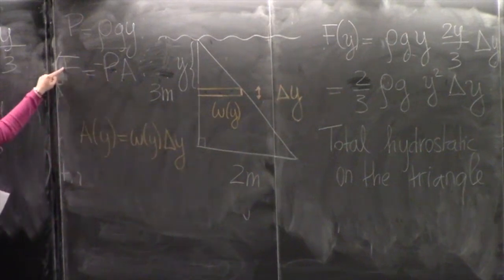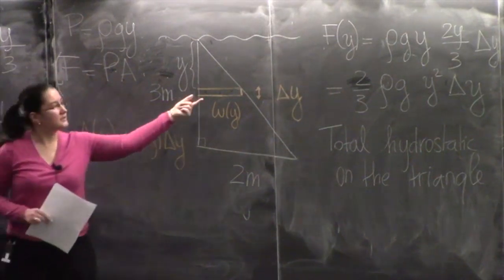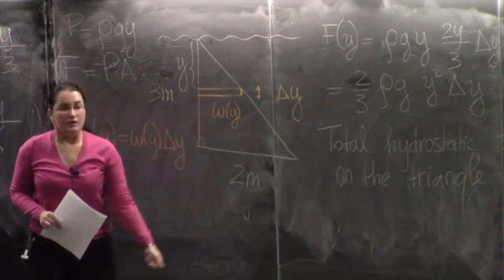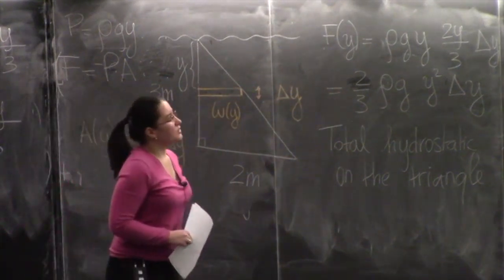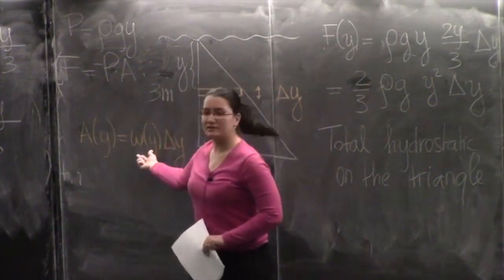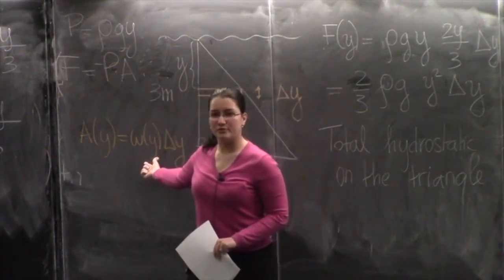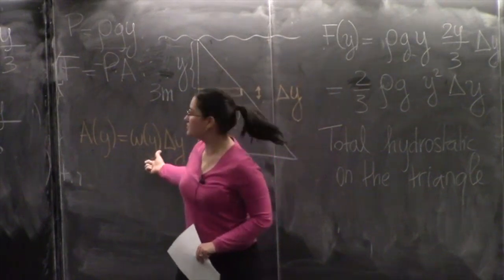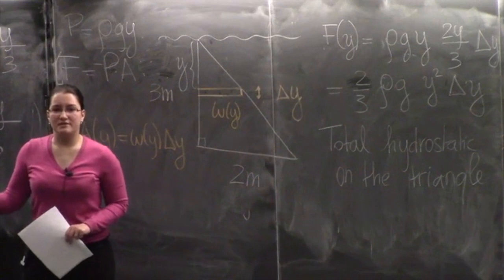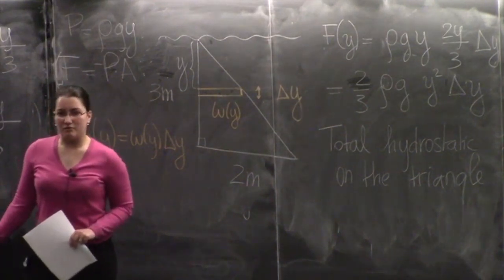So in this way, we were able to approximate the hydrostatic force on the level over here. The only tricky business was to compute the quantity W of y, to compute the horizontal length of the strip. But this is a combination that once you do an example or two, it's just going to become automatic.